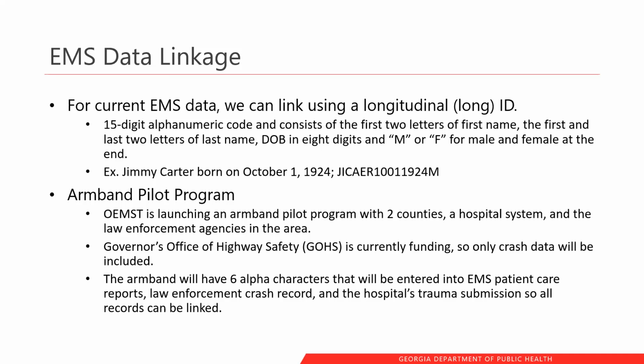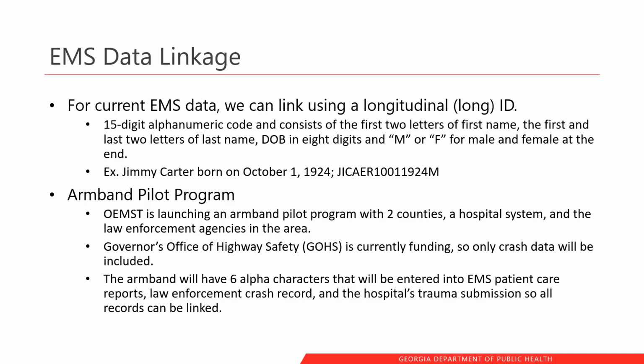Currently, the Office of EMS and Trauma is also working on an armband pilot program, and that's going to be launched within 2 counties, a hospital system, and the law enforcement agencies in that area. Right now, we're only doing crash data because the Governor's Office of Highway Safety is currently funding that project.